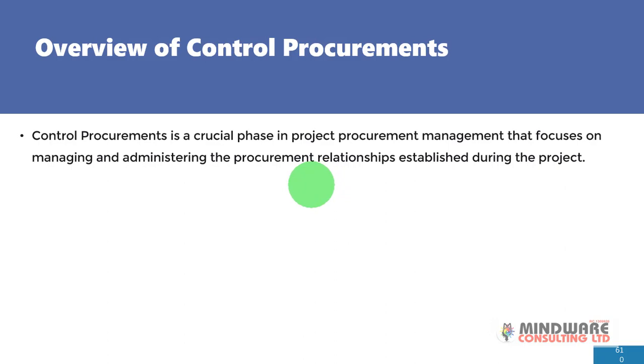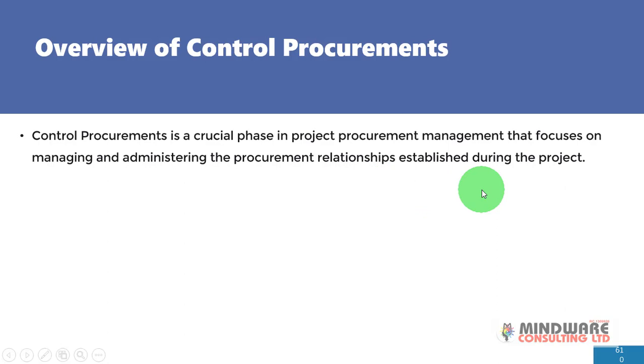All right, so the procurement relationship is between the project manager, the project team, and the organization or the firm or the company or the group that is going to be standing as the seller, or the contractor, or whoever it is that will be providing the product or the service that is required to carry out the project.